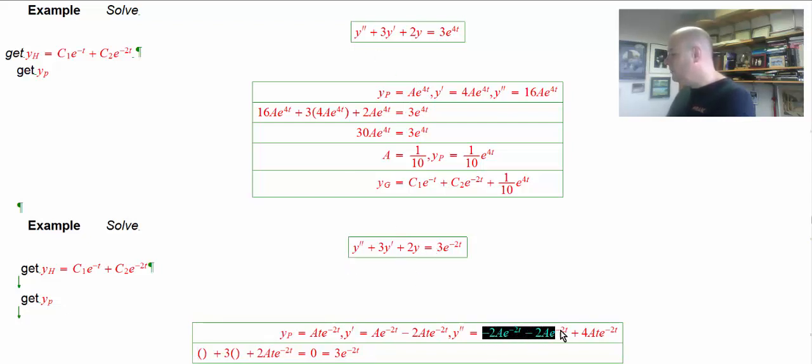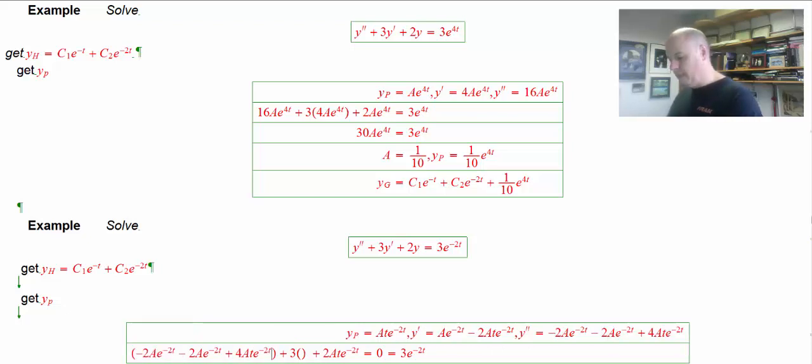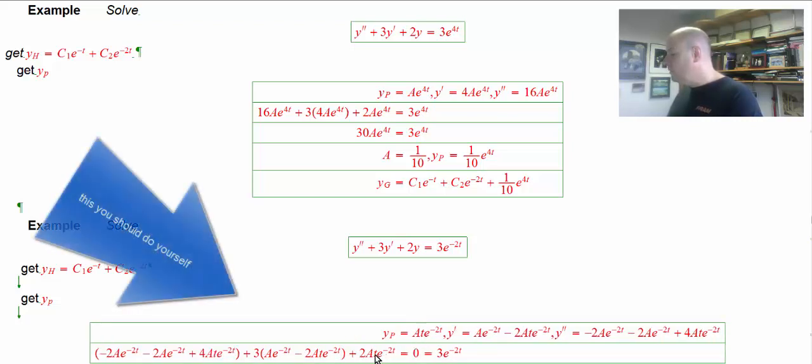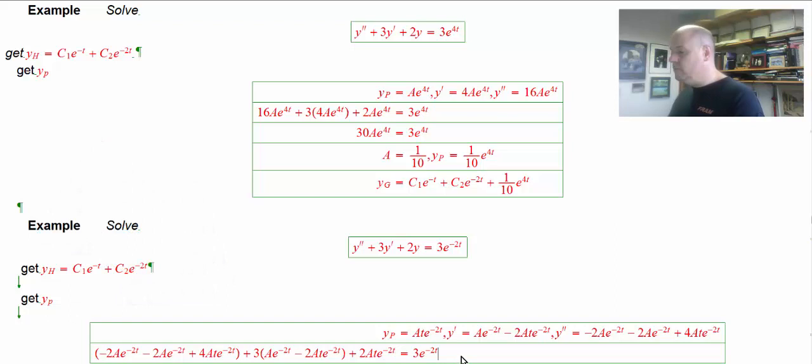So I need the second derivative plus 3 times the first derivative plus 2 times the guess, equal to the target function. And now see if we can figure out an a that works.